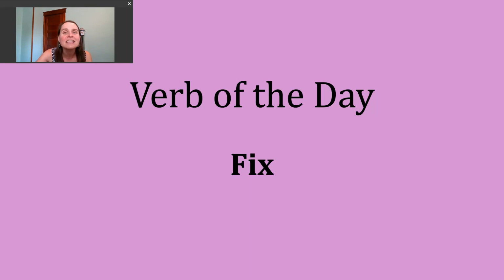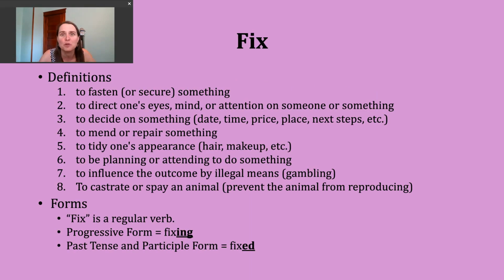But now let's take a look at some of the ways that we can use the verb fix. And first, I just want to note there are so many different ways to use this verb. You can see 8 definitions in my notes here. We're also going to be discussing some phrasal verbs as this video goes along.